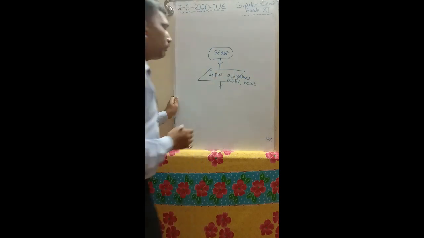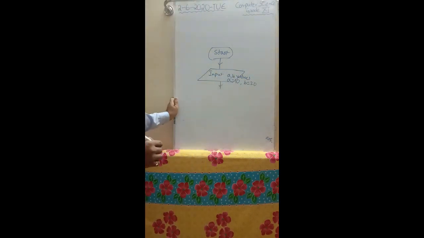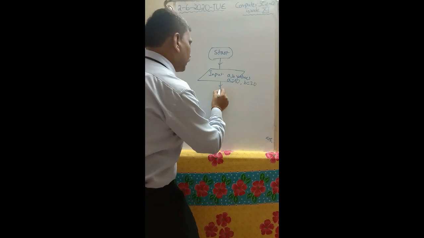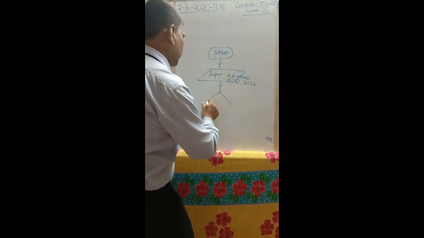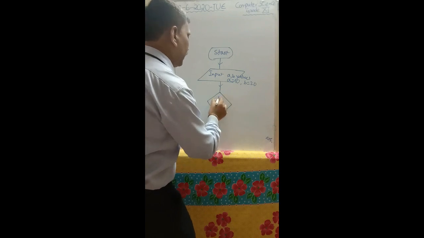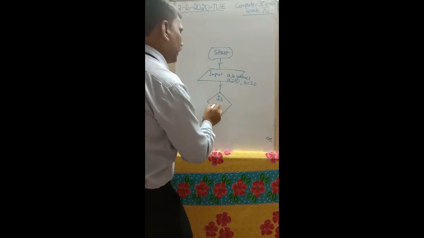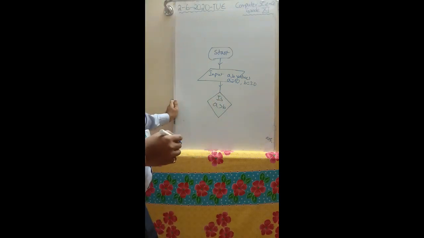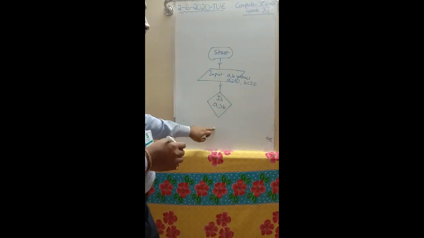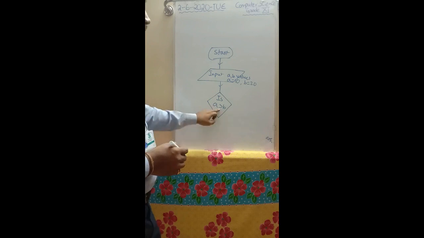Then I compare the a and b values. This comparison is placed in this diamond shaped box: is a greater than b or not? If a is greater, print a is biggest. If b is greater, print b is biggest.